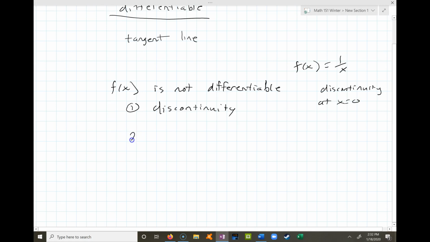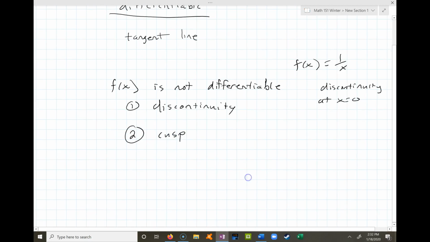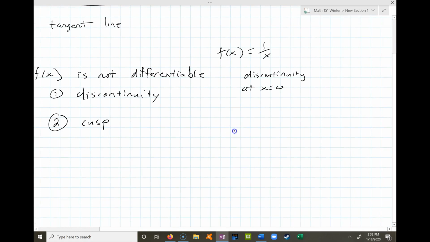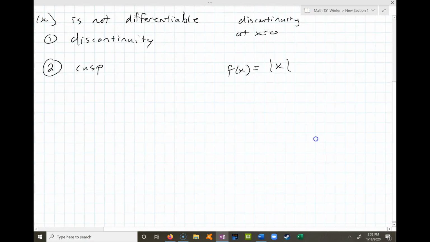Okay, the second reason that a function is not differentiable is at what we call a cusp, or a sharp point, or a pointy point. For example, f of x equals absolute value of x. If you look at the graph of that, we know that it looks like that.